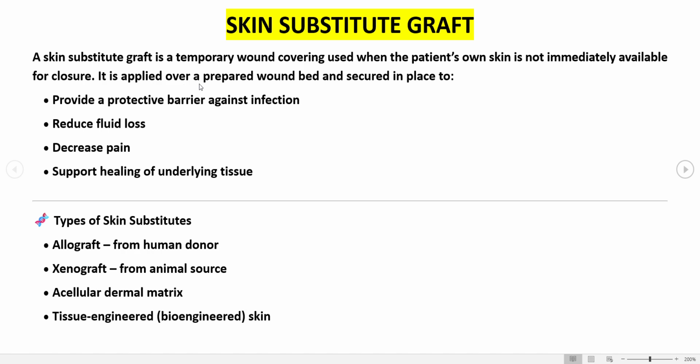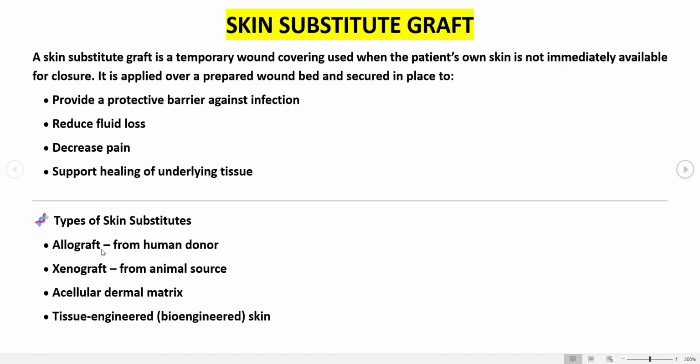Okay. So it is applied over a prepared wound bed and secured in place. It will provide protection against infection and it will also reduce the fluid loss. It will also decrease the pain and it will support the healing of the underlying tissues. So we have the types of skin substitute grafts.